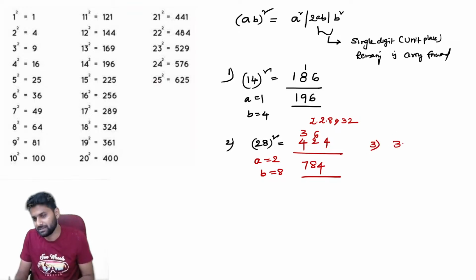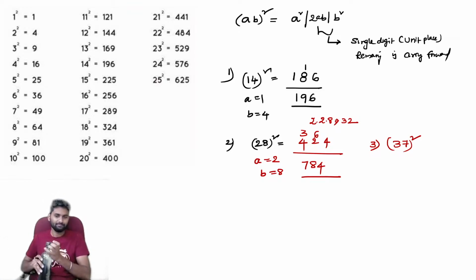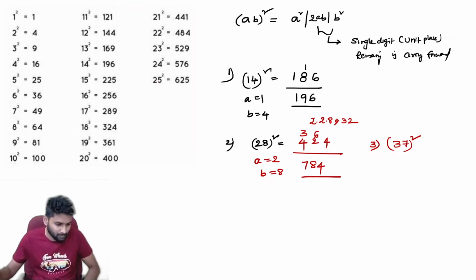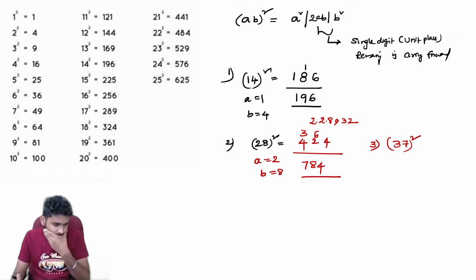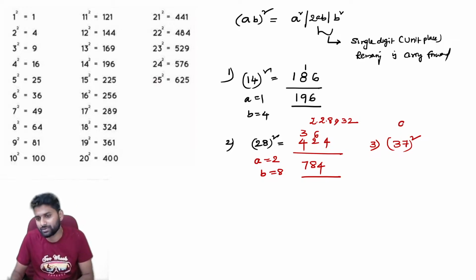We'll go for a few more examples. Let's take 37 whole square. What is the value of 37 whole square? Here 37 square, a is equal to 3, b is equal to 7.